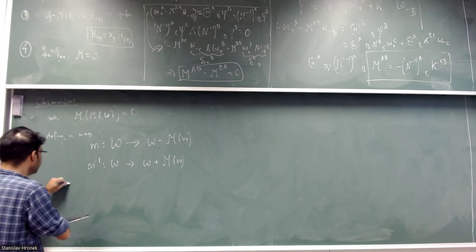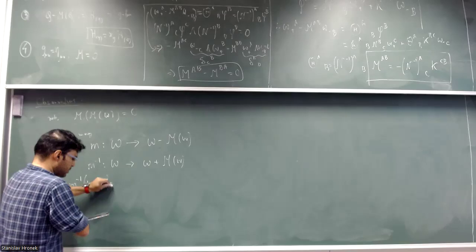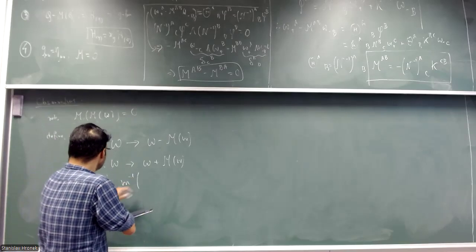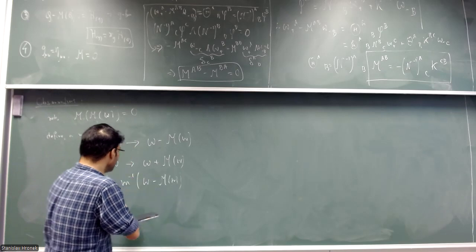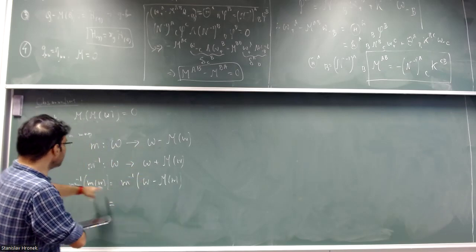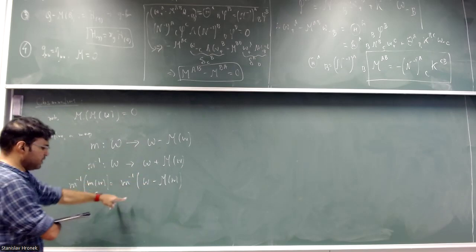We can quickly check that. Let's say M inverse acting on M of omega. M of omega is omega minus capital A of omega. And for M inverse, I'm using this definition.